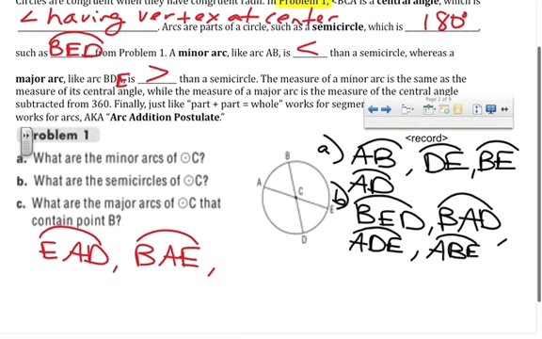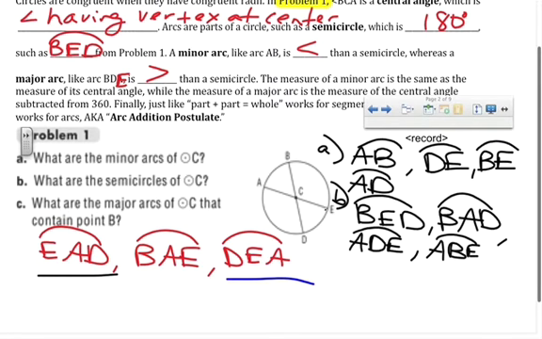How about arc DEA? I'm sorry, say that again? Fantastic question. Let me show you DEA in blue and DAE in black.